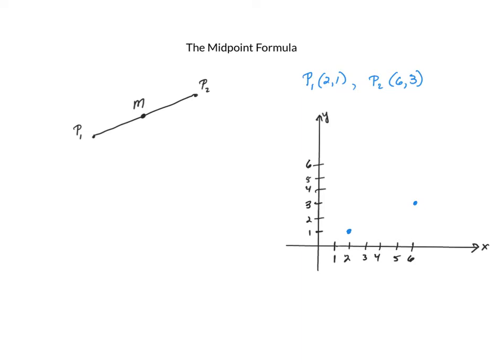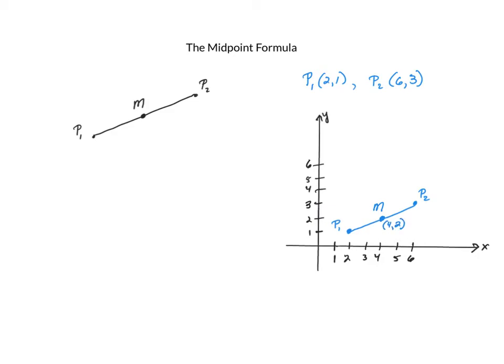So let me draw this line segment. Now, I understand that I haven't provided the formula for you, but let's just look at the graph and see if we can determine where the midpoint would be. I would say it's about right here. We'll call that M. And looking at our graph, it looks like the ordered pair is (4, 2).